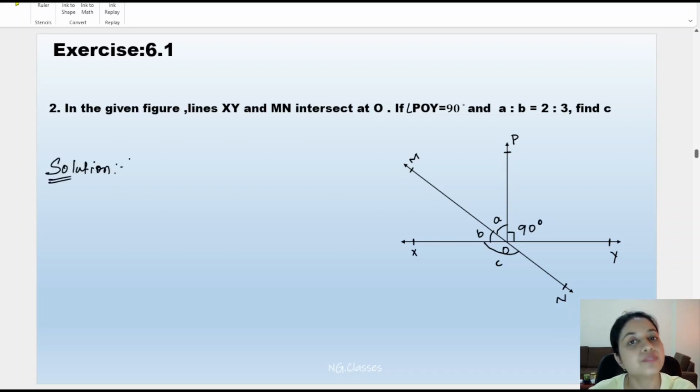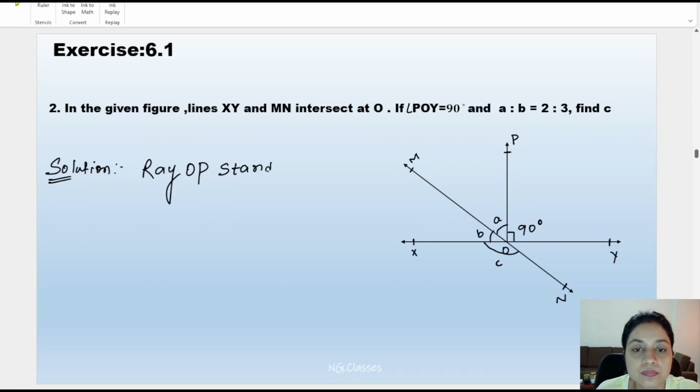So here at first can we say ray OP stands on line XY and hence the sum of angle XOP plus angle POY will be 180 degrees.